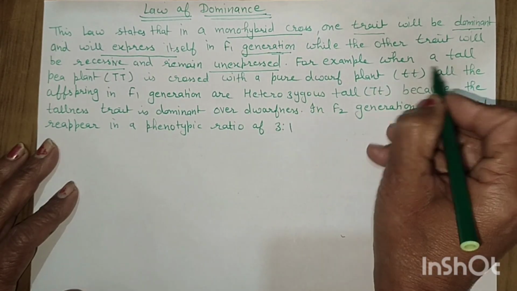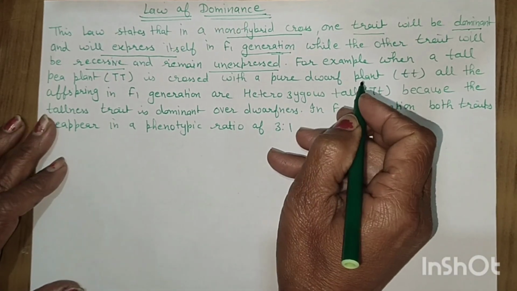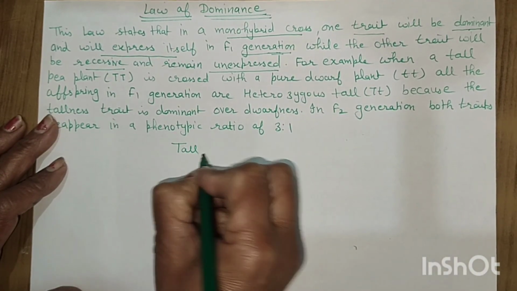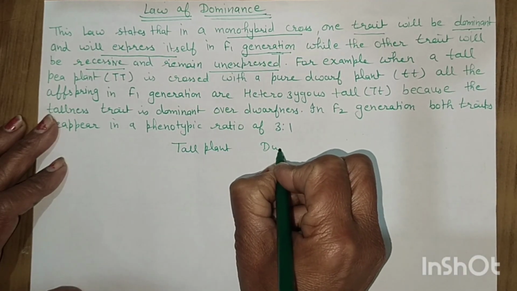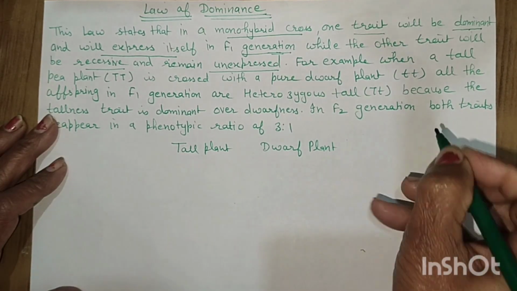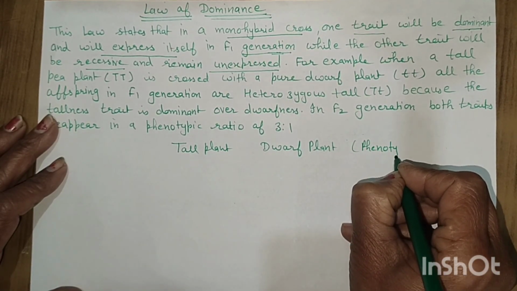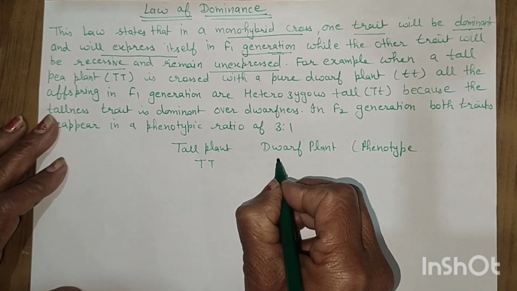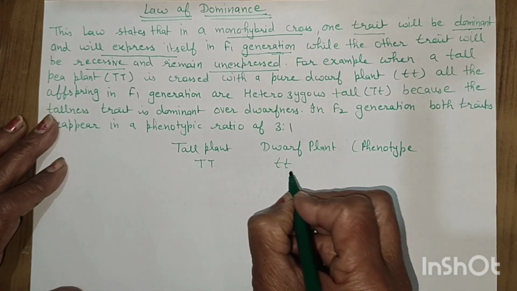unexpressed. For example, when a tall pea plant is crossed with a pure dwarf plant, this tall and dwarf is the phenotype, and the alleles, the two contrasting characters for this, are capital T and small t.